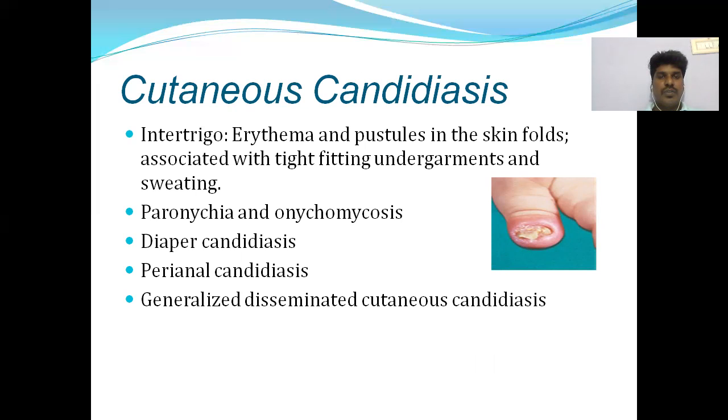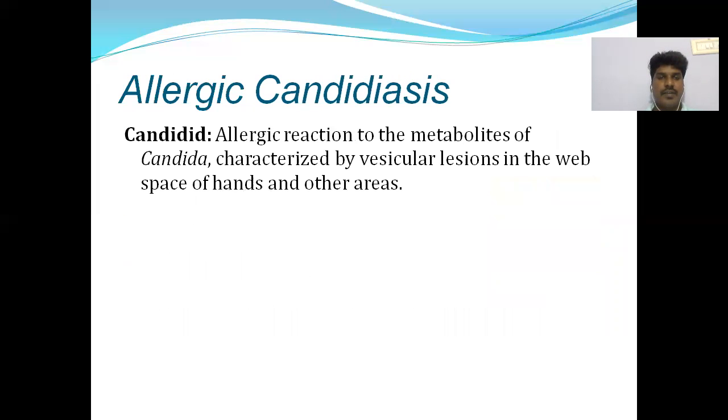Individuals might also get conditions like onychomycosis, a fungal infection of the nail bed. Then diaper candidiasis, in which infants might get pruritic rashes associated with the diaper. And then perianal candidiasis, which a few individuals might also get.